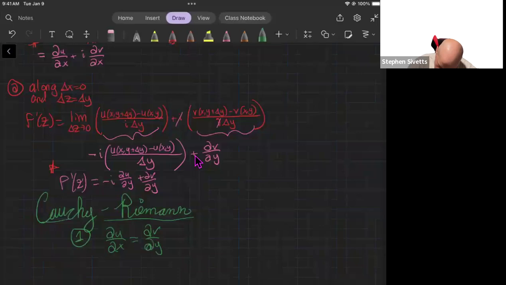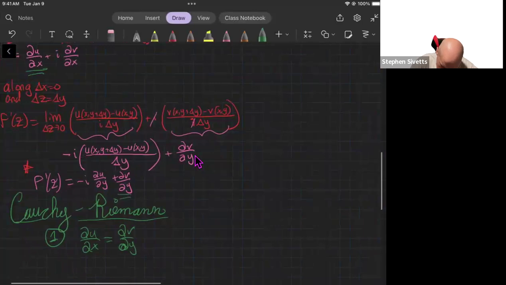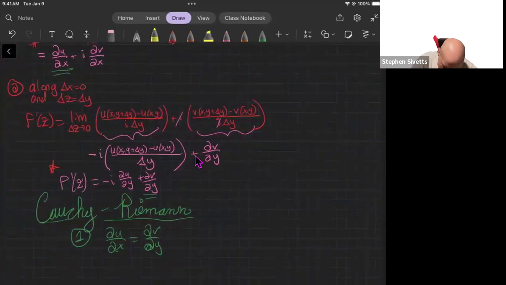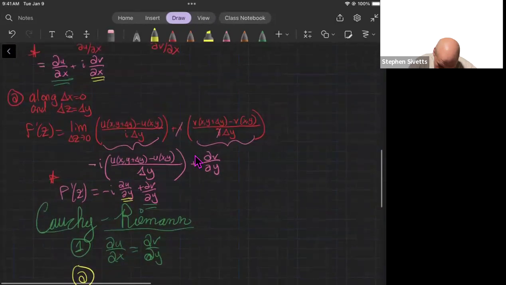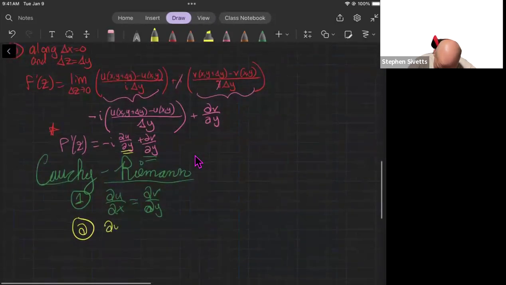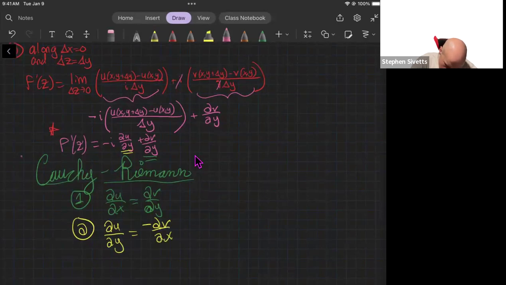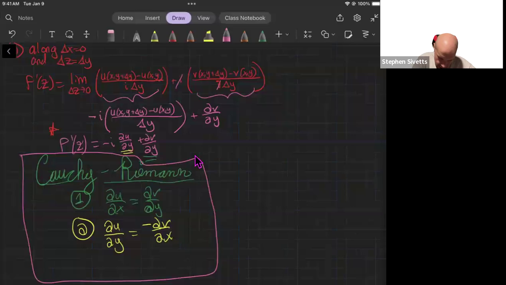These would be the real components indicated here and here. And the imaginary components would also have to equal. So the second type of equation is the partial of u with respect to y is equal to minus the partial of v with respect to x. This, folks, is the set of the Cauchy-Riemann equations.